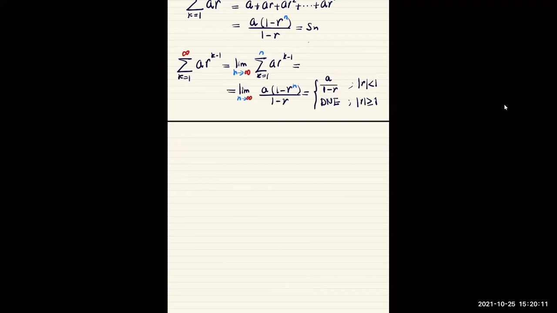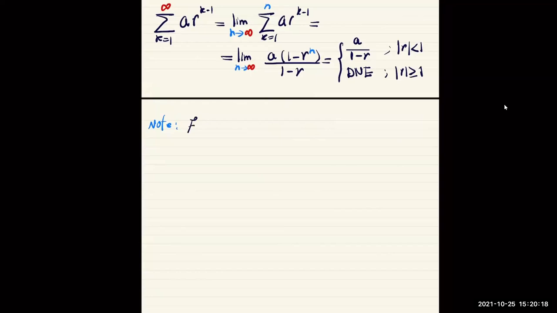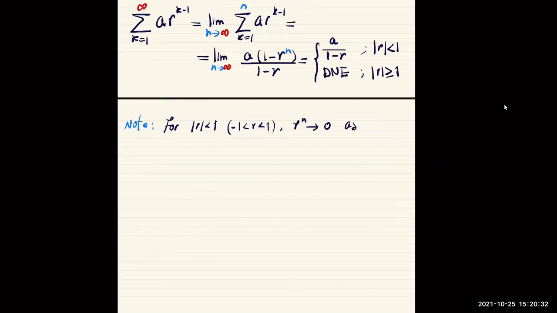So here again, note that for absolute value of r less than 1, or we say r between -1 and 1, r to the n goes to 0 as n goes to infinity.